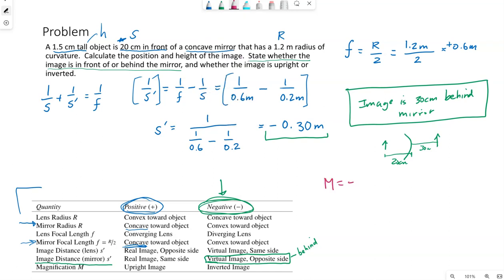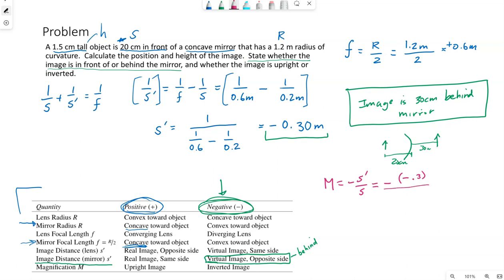Magnification. The equation for magnification that gives us the positive or negative sign is negative S prime over S. S prime is negative 0.3, so there's a negative sign in the equation itself.